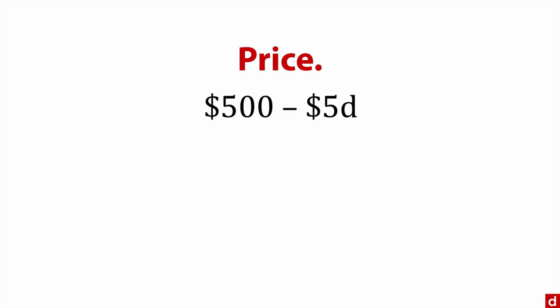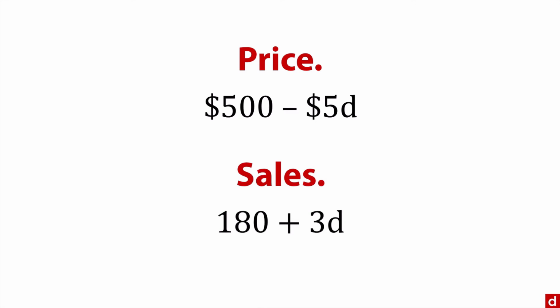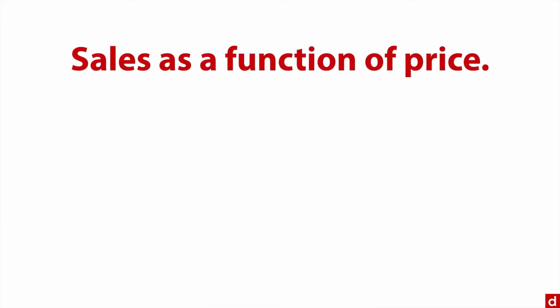And then we have a little bit of data about sales, that you're currently selling 180 new subscriptions per week, and that you will add 3 more for each unit of discount that you give. So what we're going to do here is find sales as a function of price. Now, to do that, the first thing we have to do is get the y-intercept.